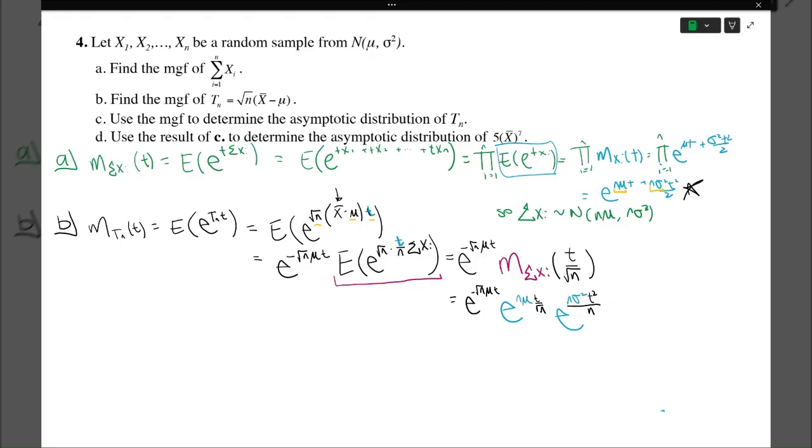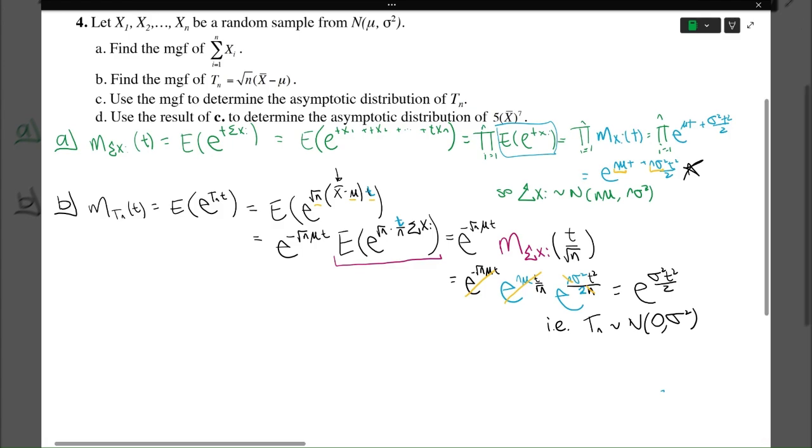And then we have the 2 as well. You'll see that this cancels with this, and the n's cancel. We just have sigma squared. So at the end of the day, this is just e to the sigma squared t squared over 2, i.e., T sub n is normal 0 and sigma squared, which is exactly what you would expect for T sub n based on what you know.